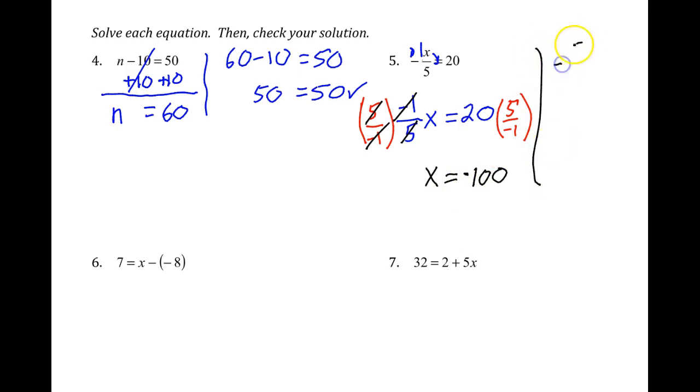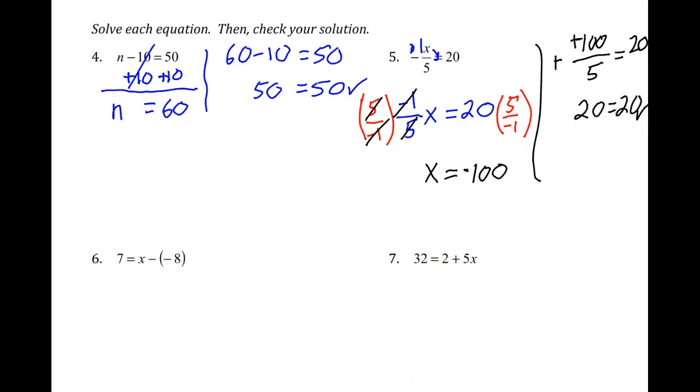So we'll have negative 100 over 5. Does that equal 20? And sure enough, these two negatives cancel out and make a positive. And 100 divided by 5 is 20. So we have our correct answer of negative 100.